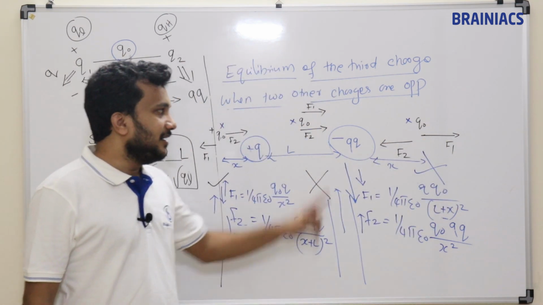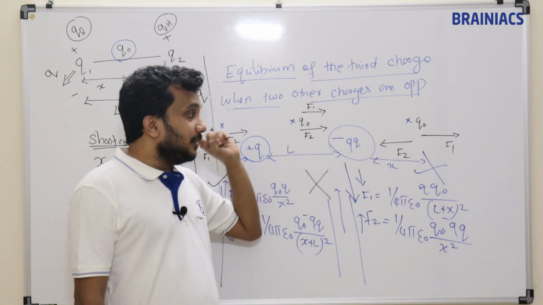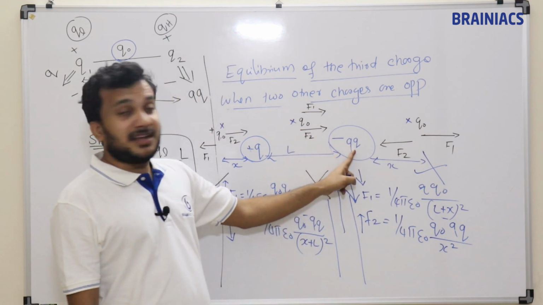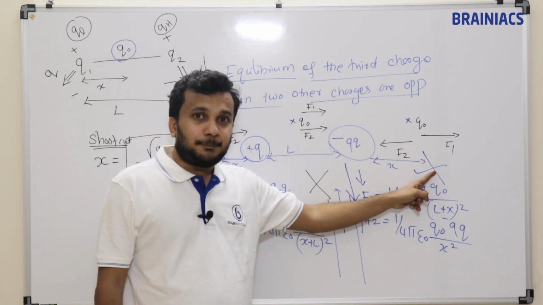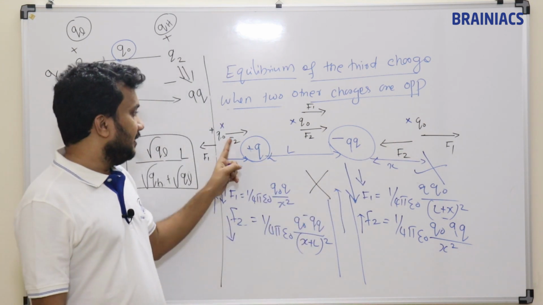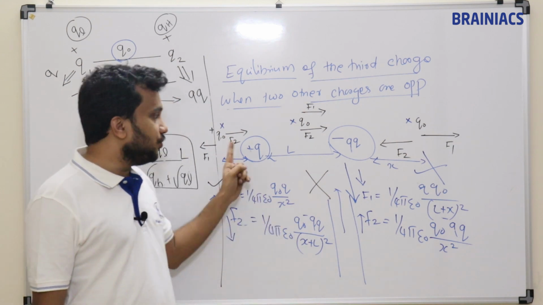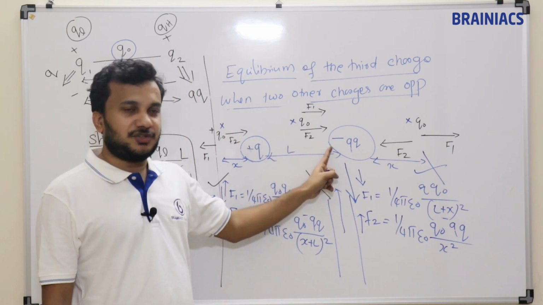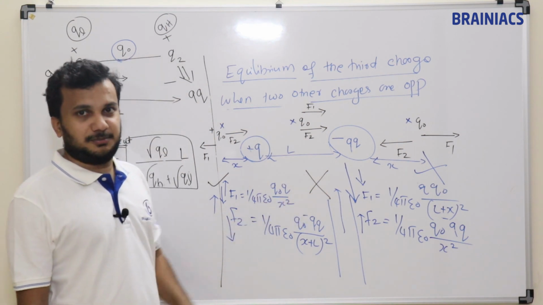I am saying that the positions to the right of the higher charge will never become an equilibrium position. The intermediate positions, the positions between the two charges, will also not become an equilibrium position.